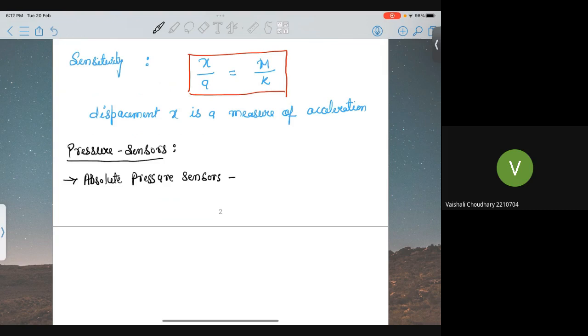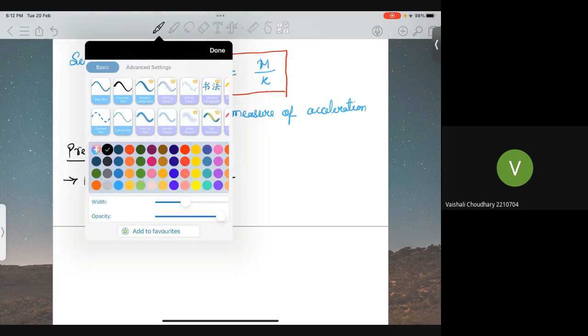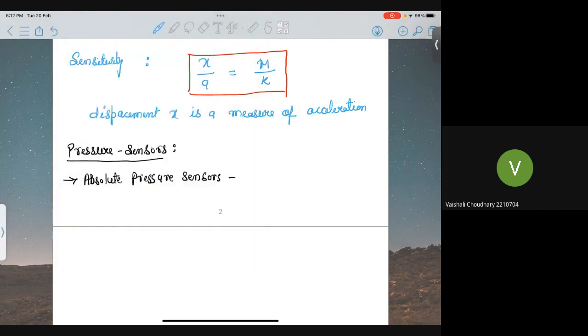So if you calculate the absolute pressure, this absolute pressure sensor measures pressure related to the vacuum.